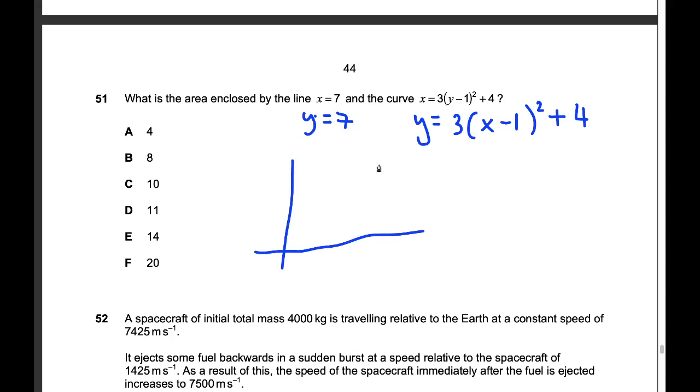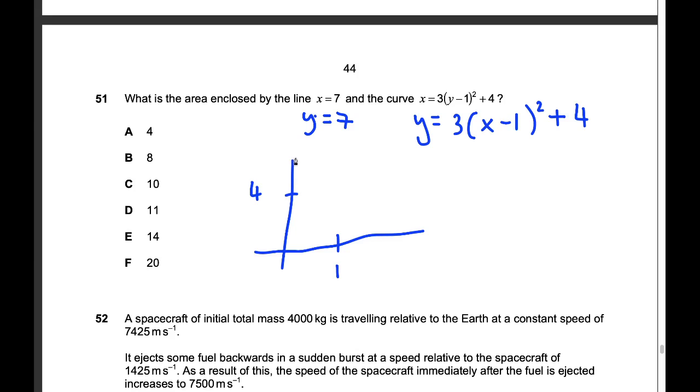Thinking about where the minimum of this quadratic is going to be: at x equals 1, y equals 4. So that's going to be somewhere here, (1, 4). Okay, so the curve looks something like that.